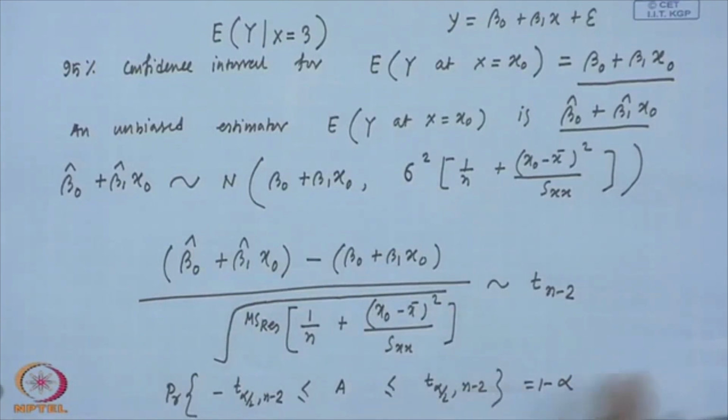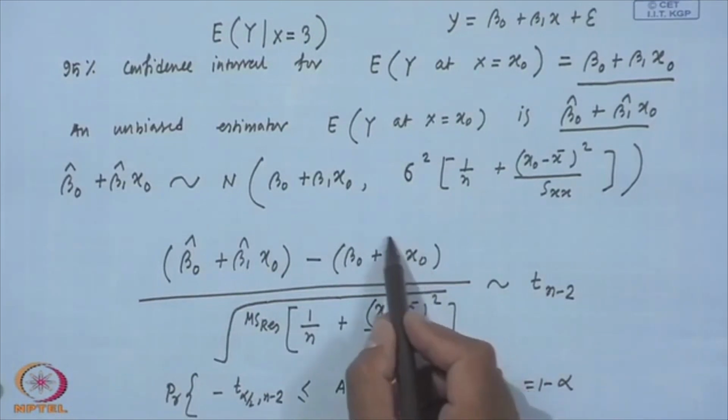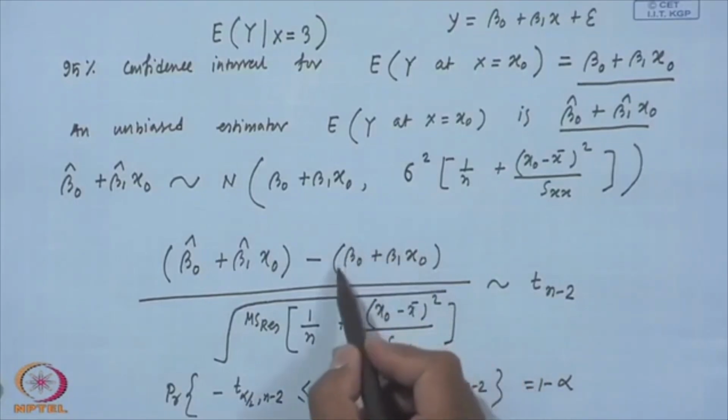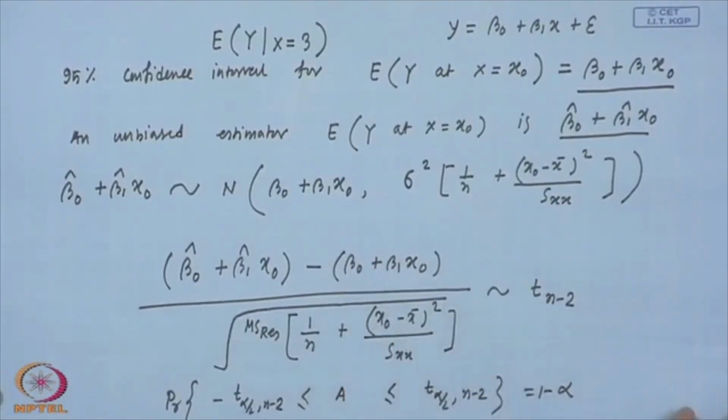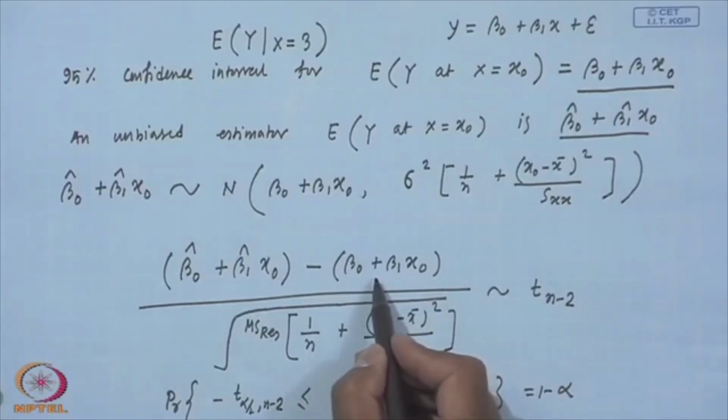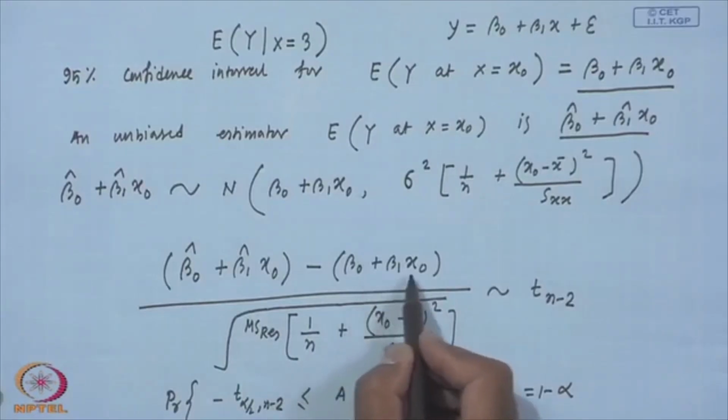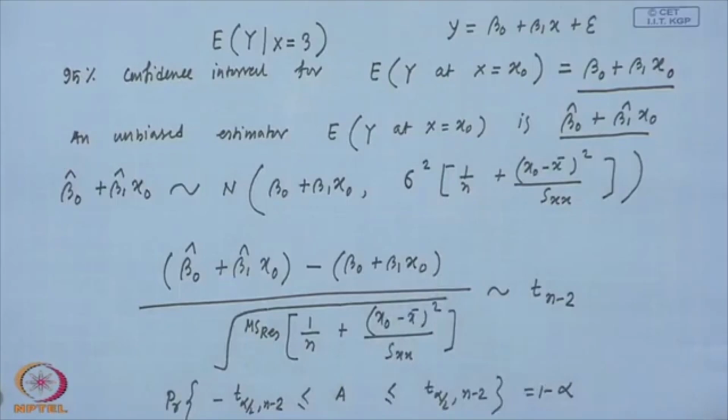So, from here we will get a confidence interval for beta naught plus beta 1 x naught, which is the mean response at the point x equal to x naught.